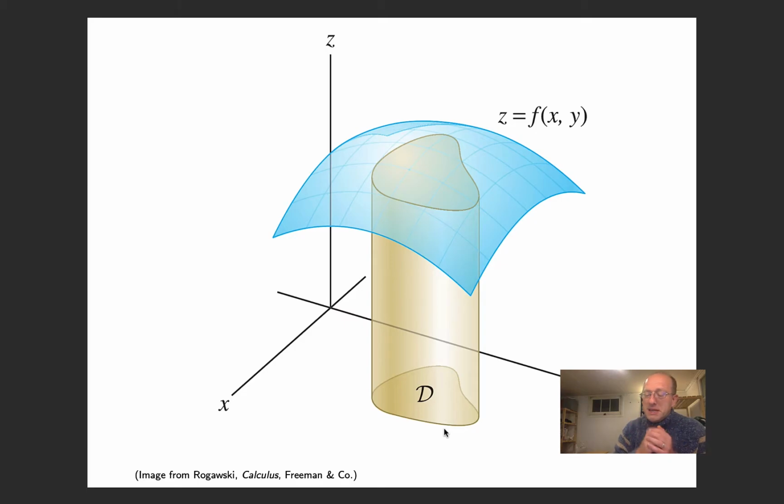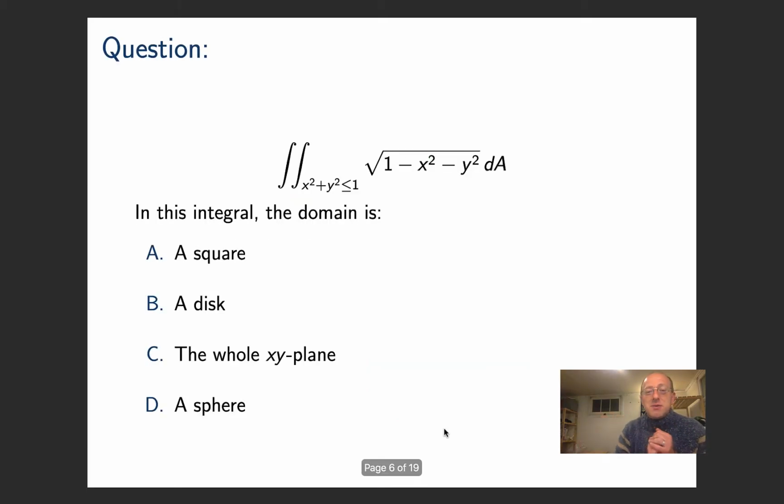Okay, now having said that, I have a question for you about these domains. In this integral that you see here, what is the domain for this integral? Is it a square, the disk, the whole xy plane, or a sphere? You can pause the video and think about it if you like.